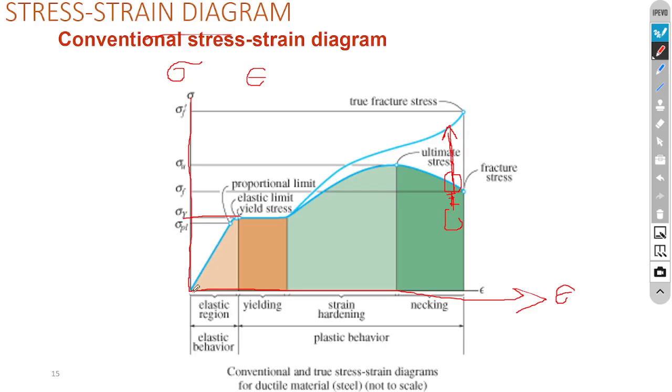To this limit the material behaves like a spring. If the object is loaded, the body is deformed, but when we remove the loads, the body can turn back to its original shape. It behaves like a perfect elastic spring.